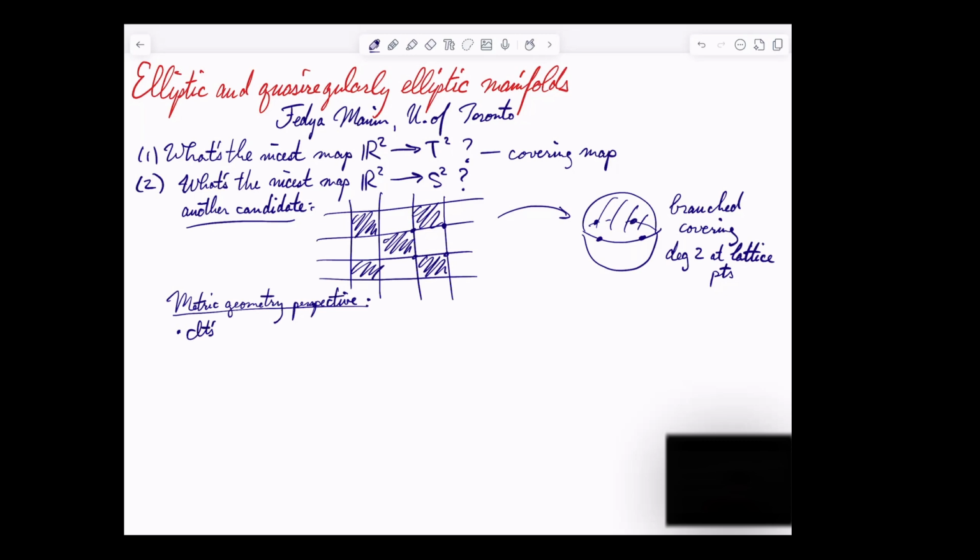It's 1-Lipschitz. Well, if I want to make it 1-Lipschitz, then I need these squares to have side length pi, but that's not a problem; I can arrange that. The other thing that's nice about it is that it wraps efficiently around the sphere.